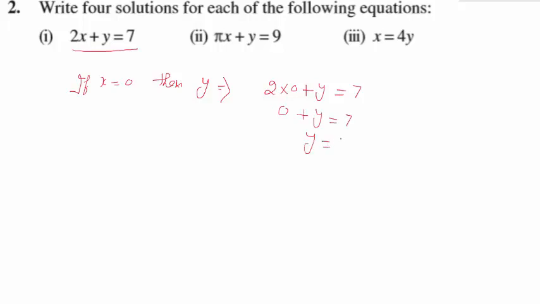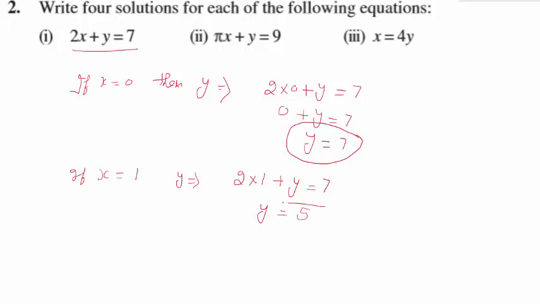So y will be 7. Now if x is 1, then 2 into 1 plus y equals 7, and on solving this will become y equals 5. So for x equal to 1, y is 5, and for x equals 0, y is 7.